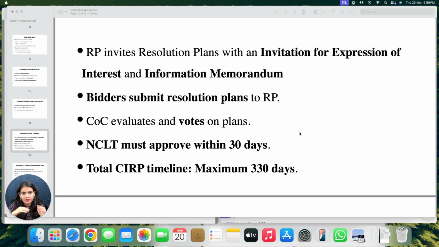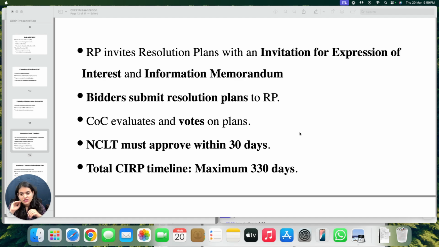Suppose there is a hospital that is undergoing CIRP and it's a going concern. The members of the committee may, in the interest of it being a going concern, also consider the background of the resolution applicant.